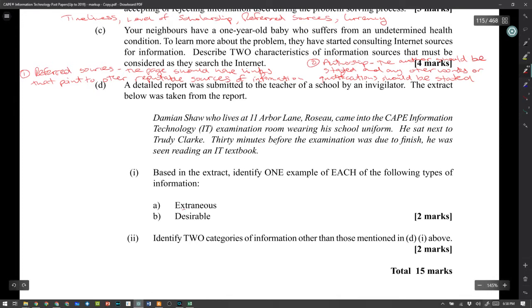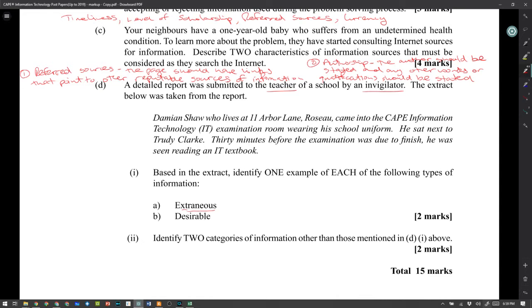Extraneous information means it has nothing to do with anything, like it doesn't matter. So it's a school invigilator giving a report about an exam. Who are you giving it to? It's submitting it to the teacher. So obviously the teacher needs to follow up on this, and we need to get the things that are necessary.